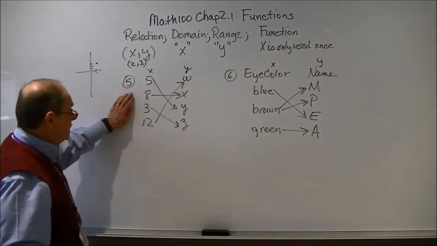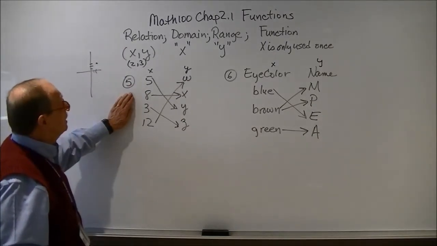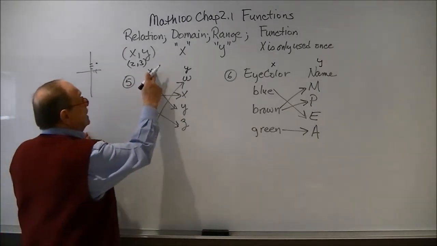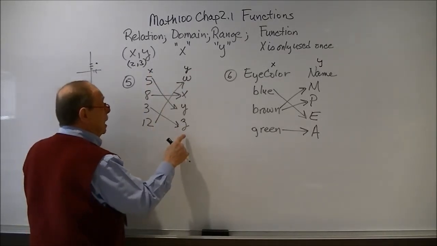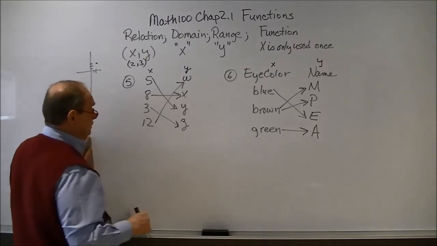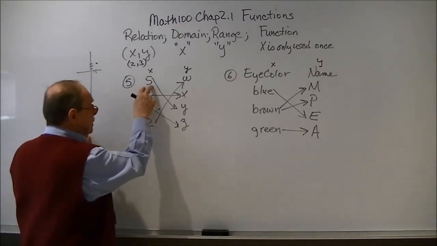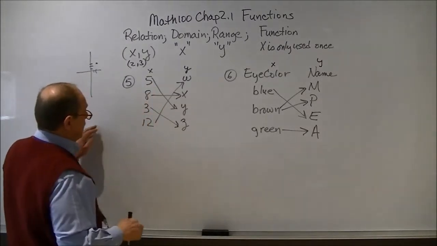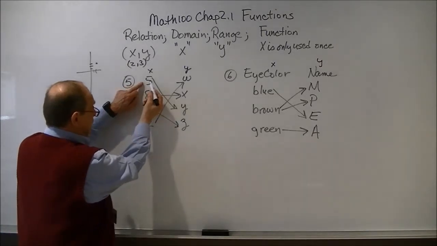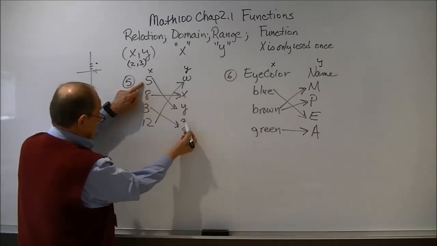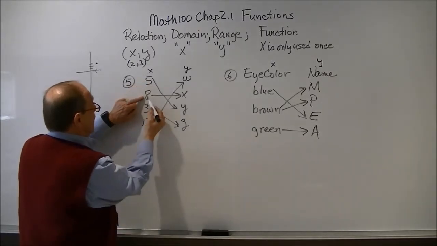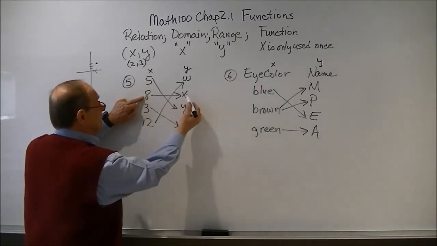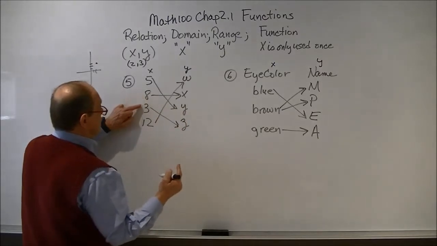And as we look at example 5, is the x only paired up with one of the y elements? That is, the x is only used once. So we see a 5 and a y, that's used once. An 8 and an x, that's used once.